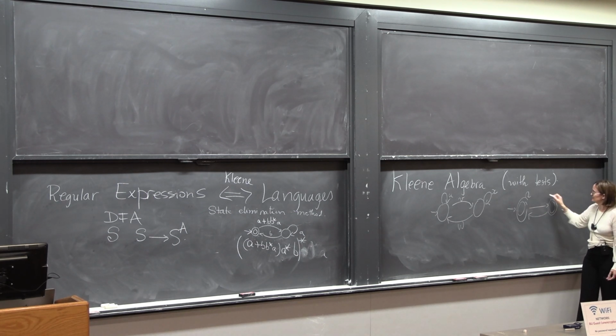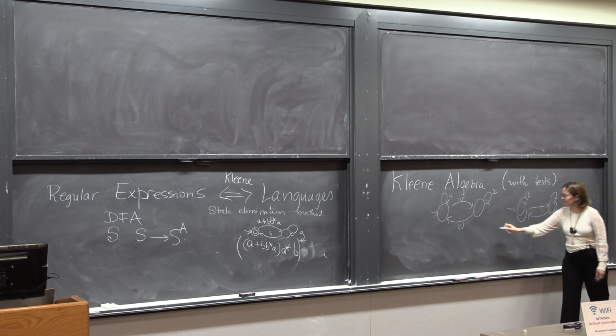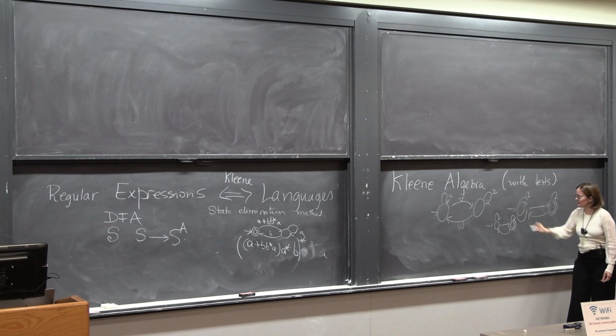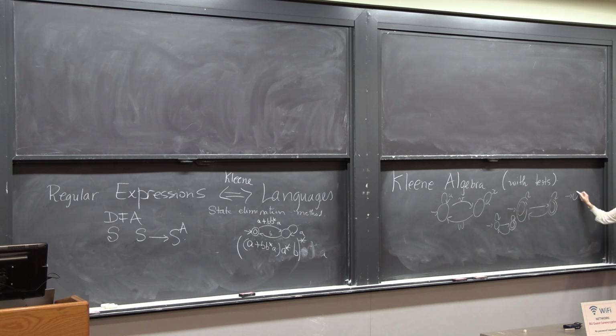I can have that, I can have that, and I can have that. So there are 4 possibilities in terms of final and non-final, and then the transitions can be arbitrary.